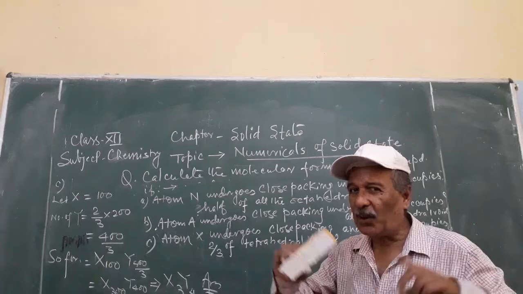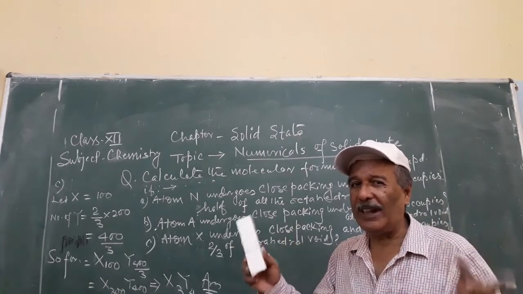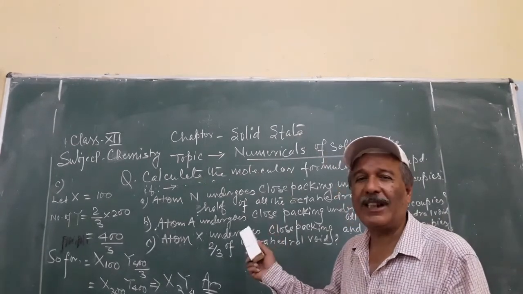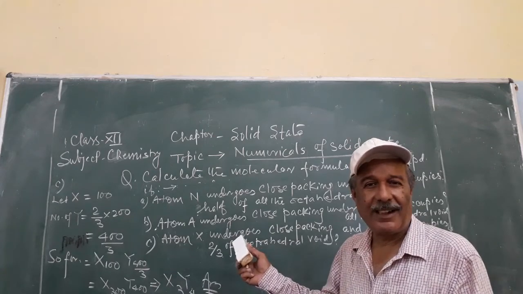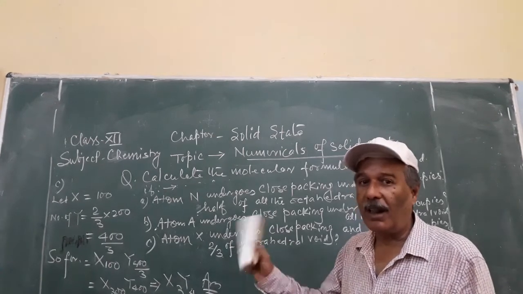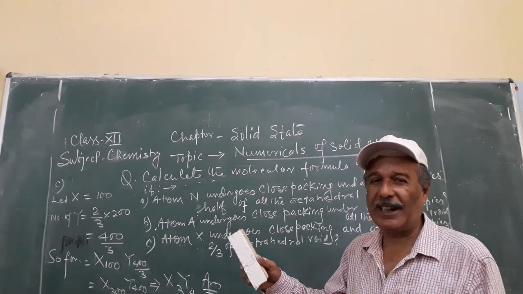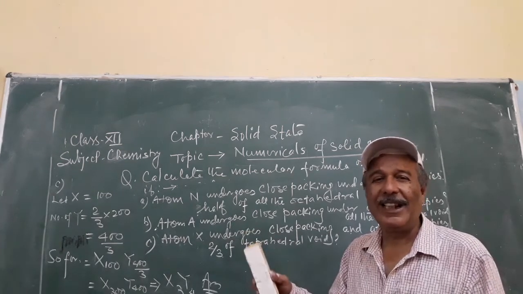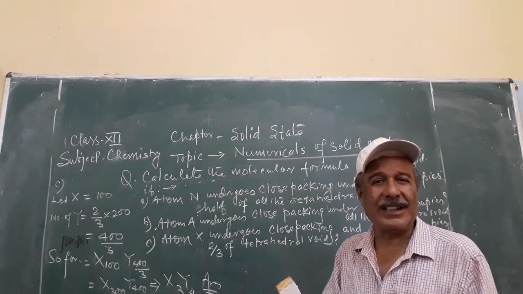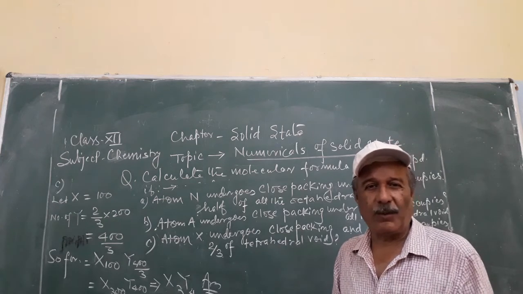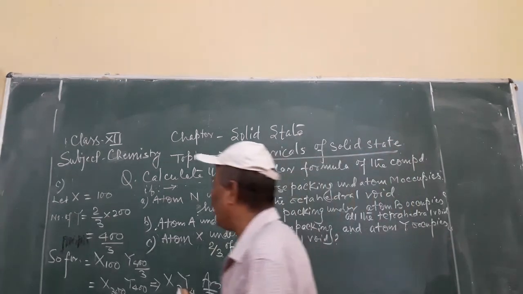So these are the two sections from which such numericals are asked in the chapter solid state. Correct? Now, the third one from where numerical questions are asked is related to the density of the unit cell, or you may call it the density of the solid. Correct?